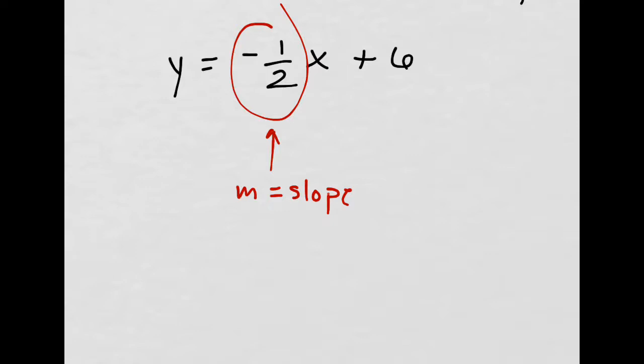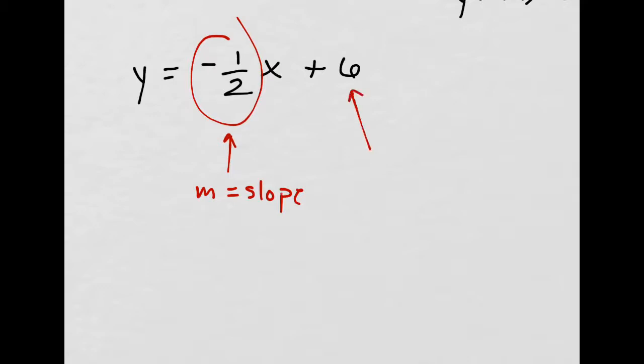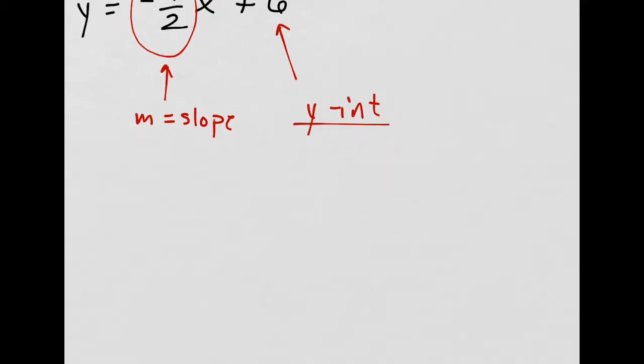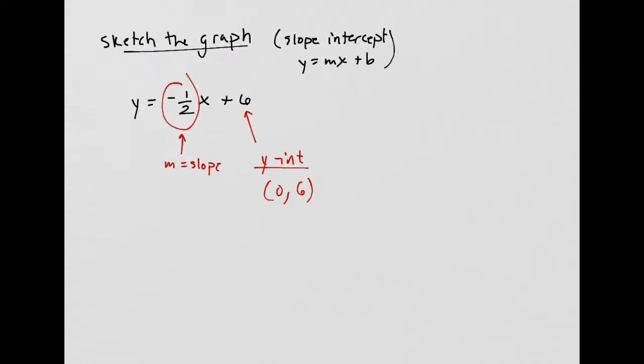If I asked you the slope, you do not include the x. The slope is just the coefficient in front of it. And then the number that's over to the side, that's going to be part of the y-intercept. Remember, for the y-intercept, x is always 0, so this would be 0, 6.